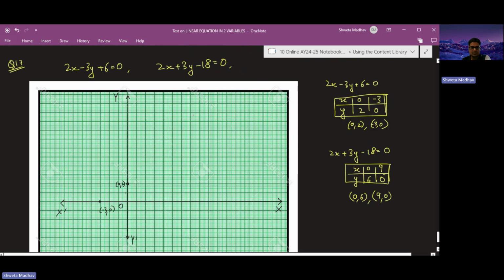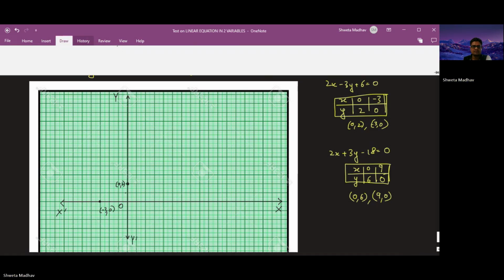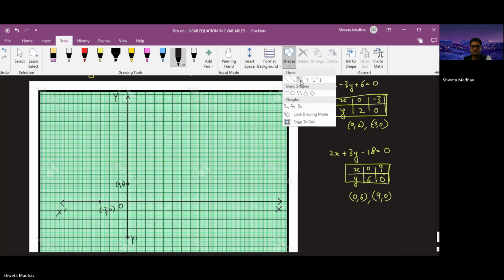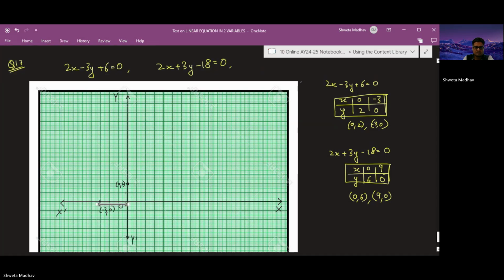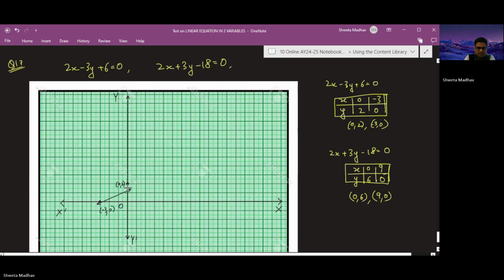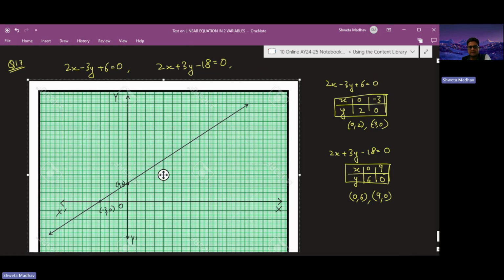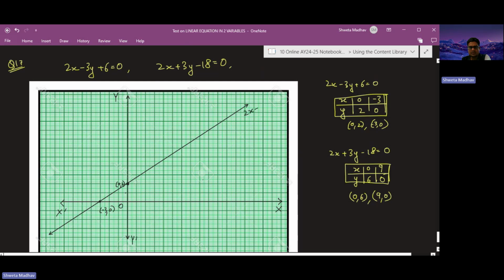These 2 points we will join and extend. As you can see, this is the straight line whose equation is 2x minus 3y plus 6 equal to 0.